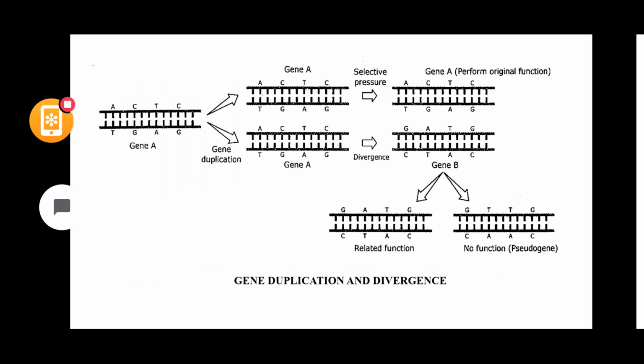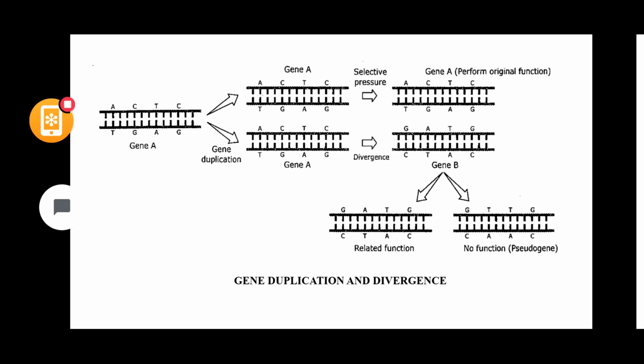So you can see here, this is gene A having a sequence of ACTC and TGAG. Now the gene duplication process happened. Now you can see the selective pressure happened.